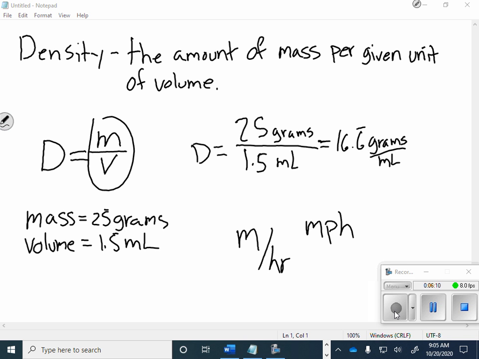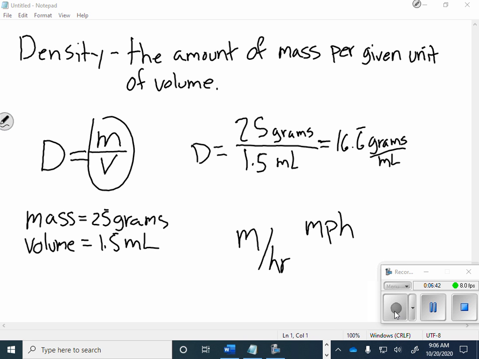For density, every 16.6 grams of mass, you will have 1 milliliter. So if we got 166 grams of this magnet, then it would take up 10 milliliters of volume. If we got 1,666 grams of this magnet, then it would take up 100 milliliters.